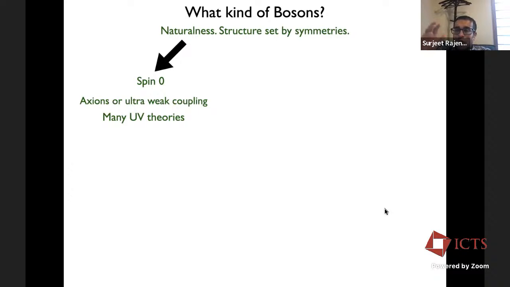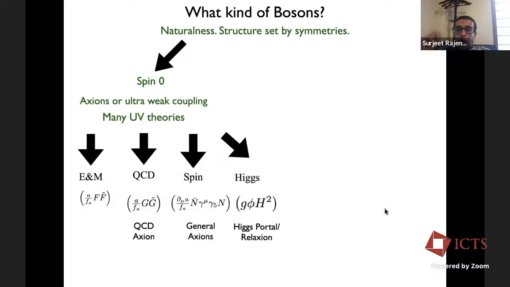So let's think about spin zero particles. These are particles that are bosons, like axions. There are only 4 possible interactions that a spin zero particle could have and still be technically light in terms of symmetries. These are the possible interactions. It can couple to electromagnetism through the interaction a over f F F dual. That's the usual coupling of the axion to photons, which many people look for.